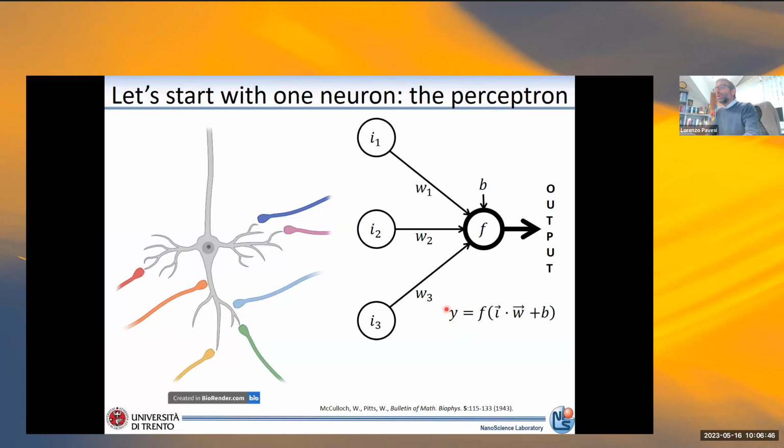And depending on the target output, during the learning phase the neurons have their weights changed so that the output matches the requirement. And so this is the basic unit for the neural network.